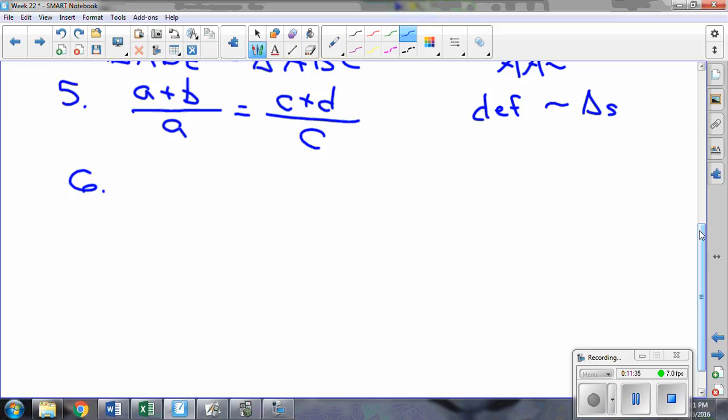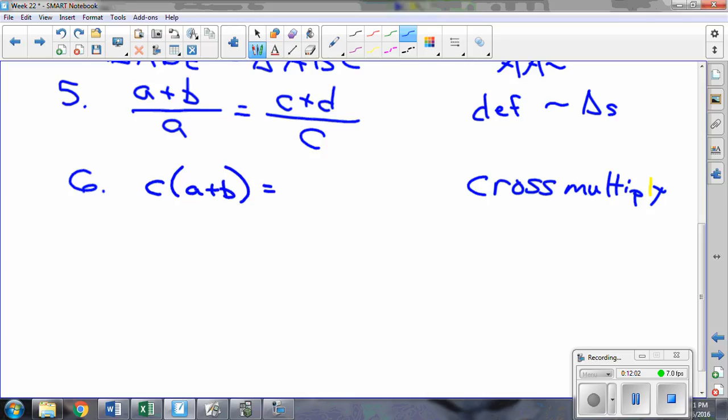So if we cross multiplied, we'd have C times A plus B, and the other one, we'd have A times C plus D. So that's our next step. When we cross multiply, we will get C times A plus B and A times C plus D.